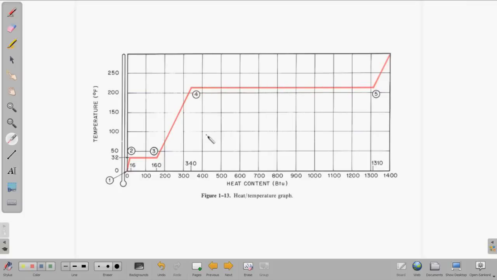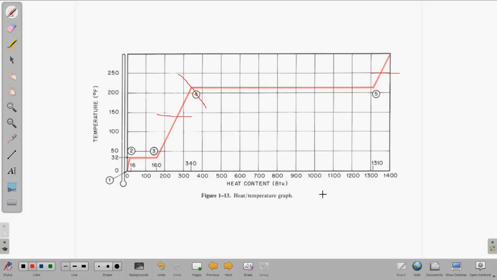And when we are looking at the evaporator coil, this is where things start to happen right here at point 4. And just above point 5 is where it leaves the evaporator coil.